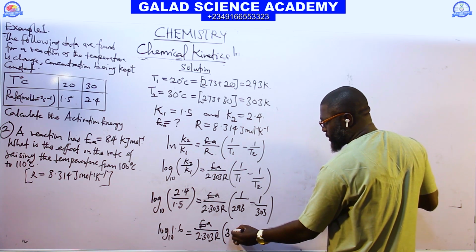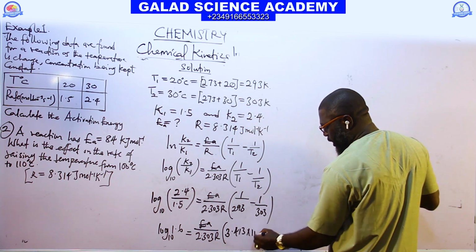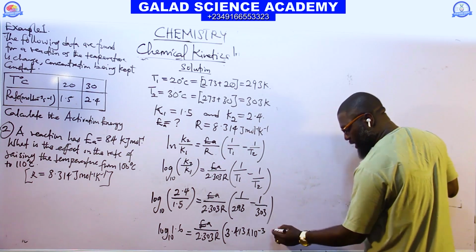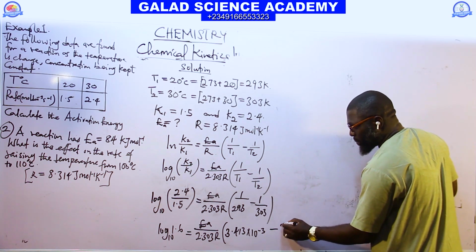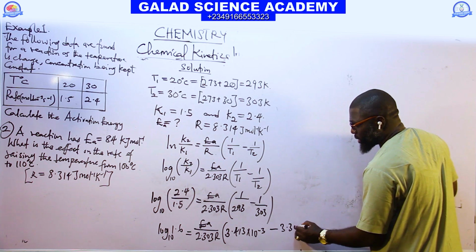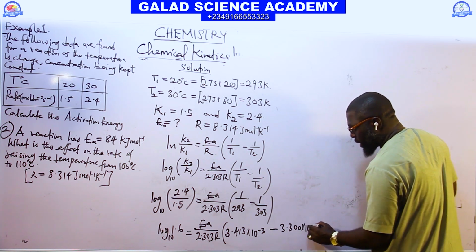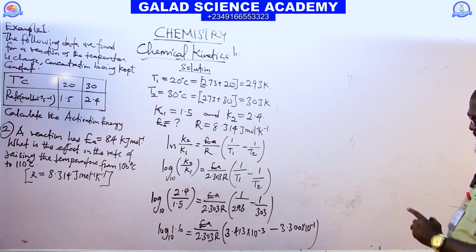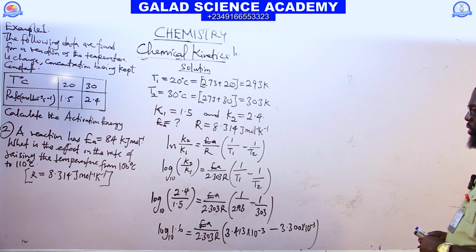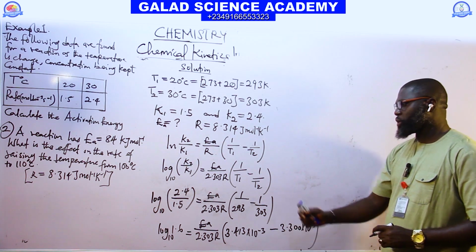It will give us 3.413 times 10 raised to power minus 3, and 1 over 303 gives 3.300 multiplied by 10 raised to power minus 3. If we subtract them from each other, it will give us 1.13.